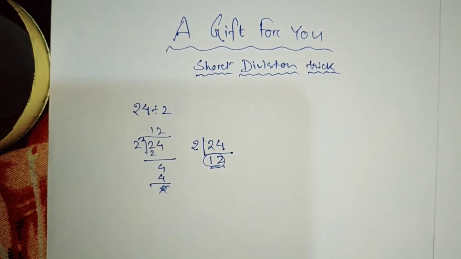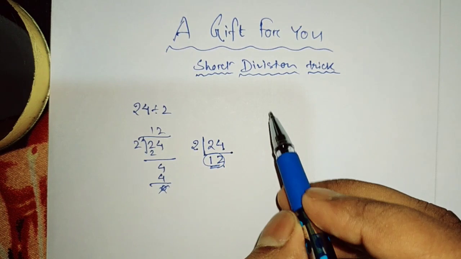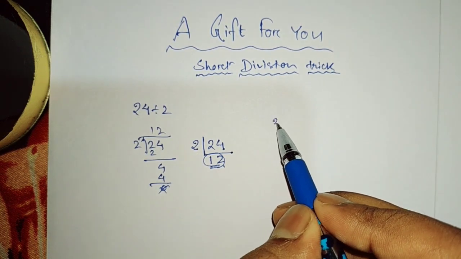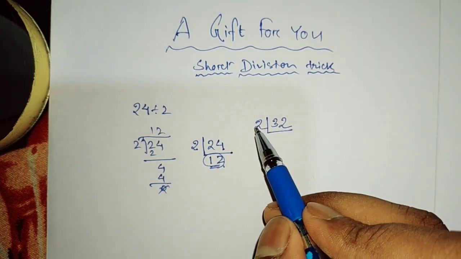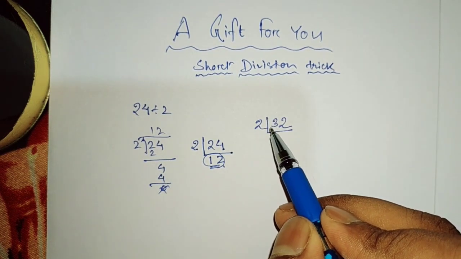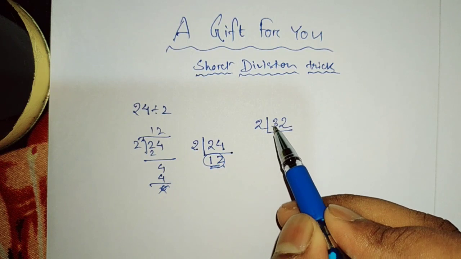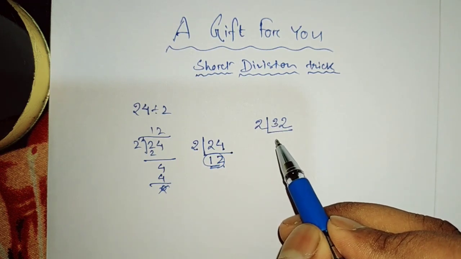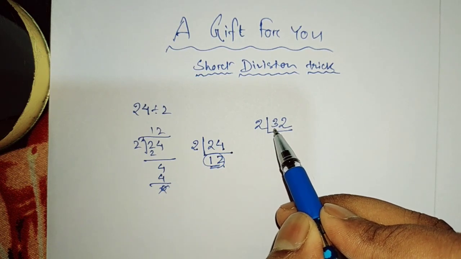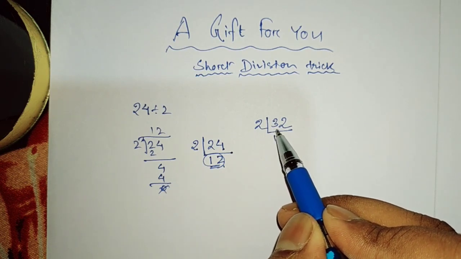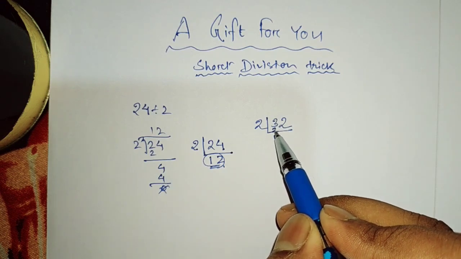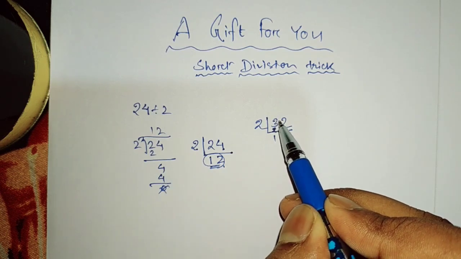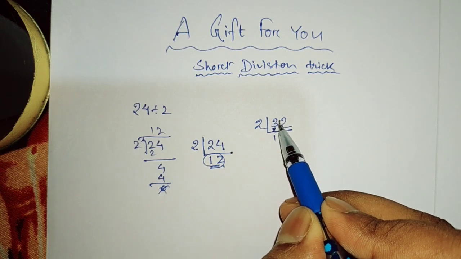Now if we want to divide, say 32 by 2, we'll divide 3 first. 2 ones are 2, 2 twos are 4, 4 is greater than 3, so we'll take 2 ones are 2. Imagine 2 here, no need to write. 3 minus 2 will be 1, that remainder 1 you imagine here.